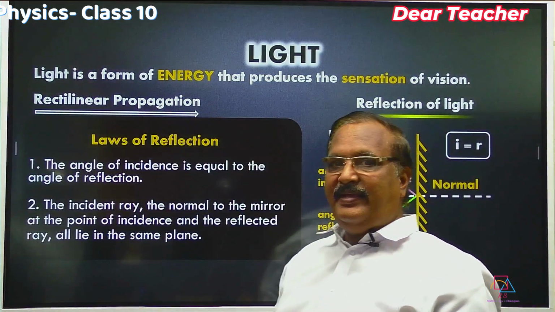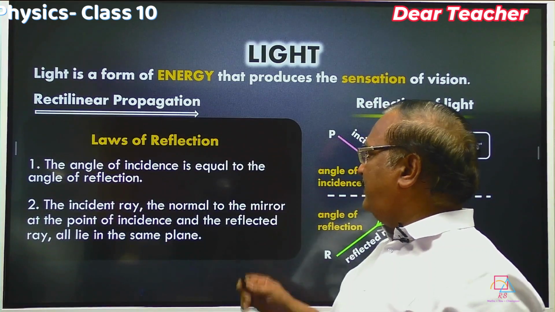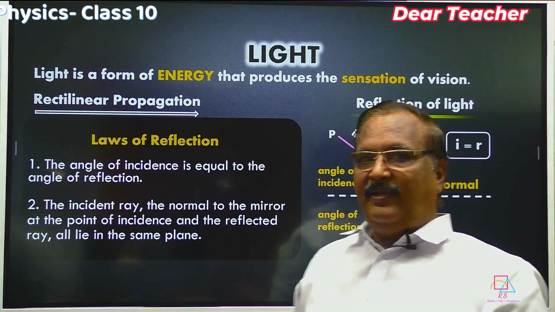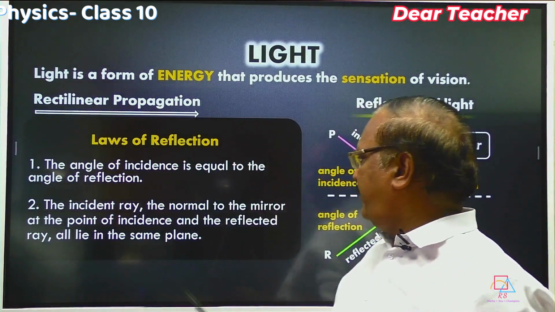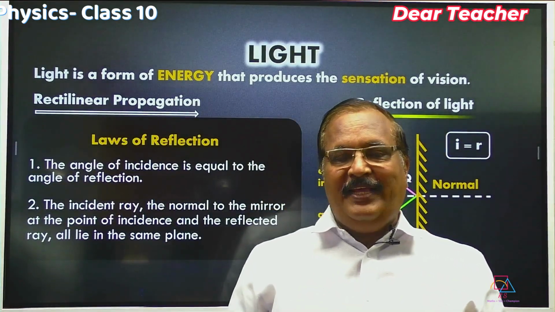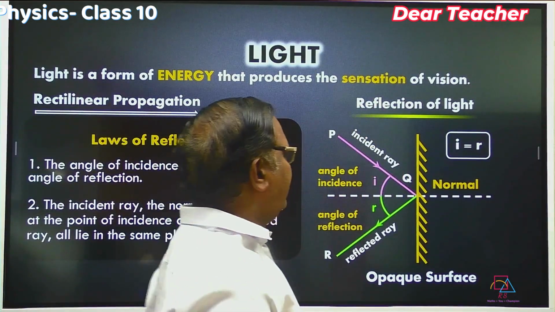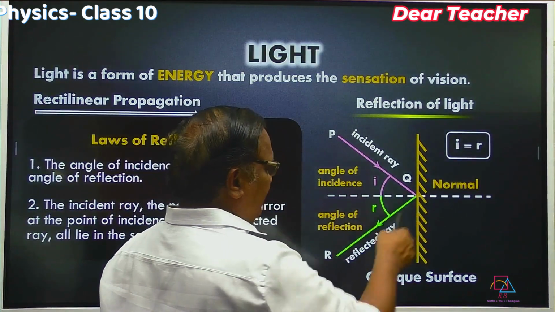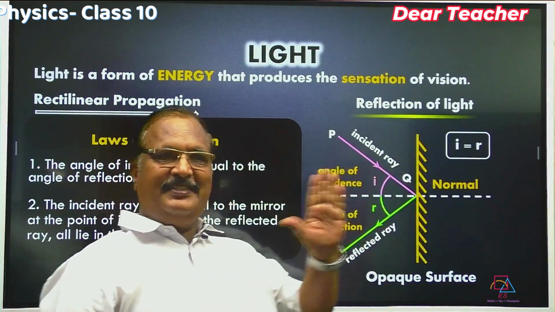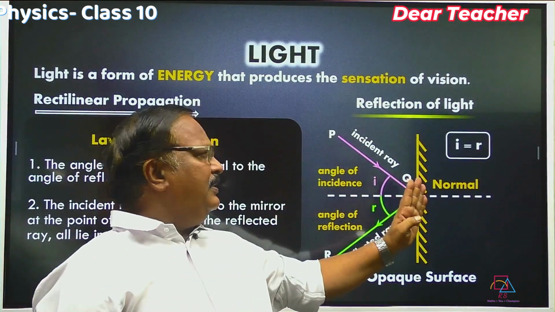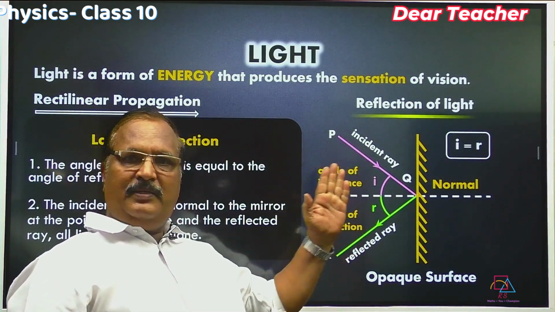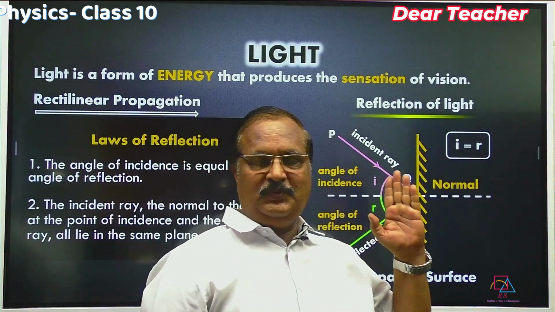And the second law is the incident ray, normal and reflected ray, all the three rays lie in the same plane. So they all lie in the same plane. Incident ray, normal and reflected ray lie only in the same plane. If you think this surface is a plane, all the three will be in the same plane. Okay.